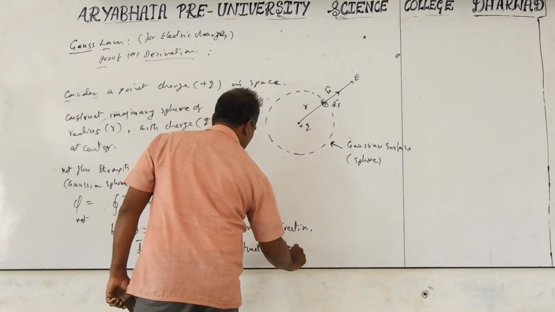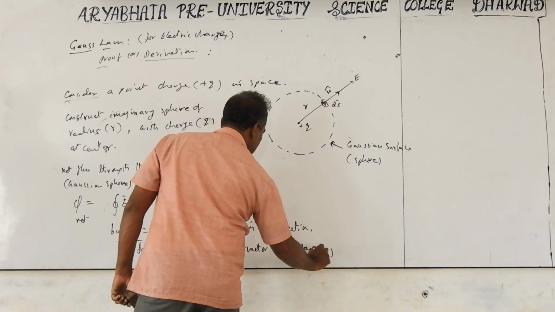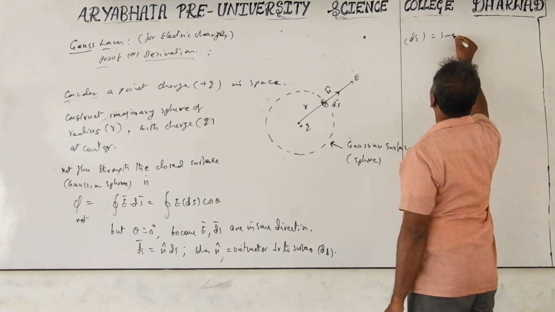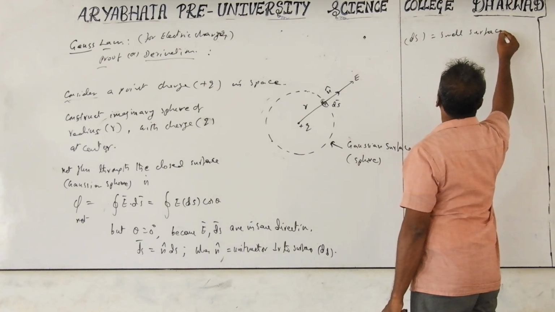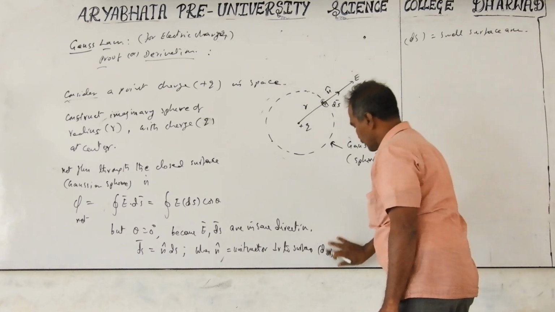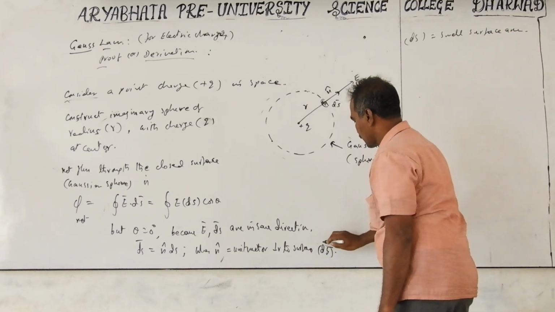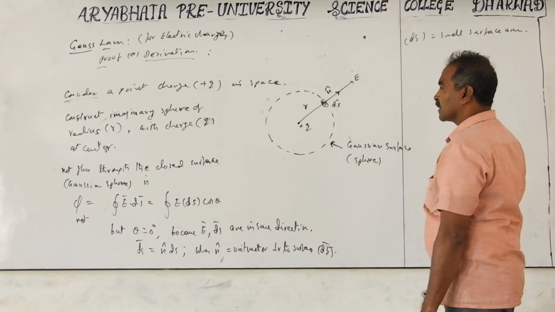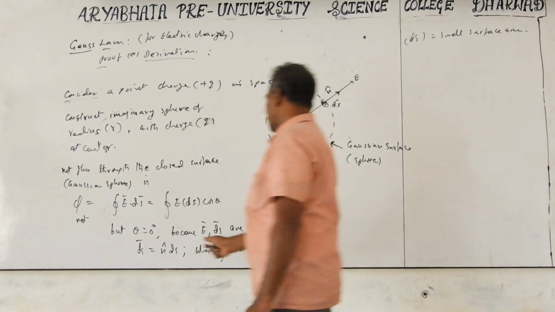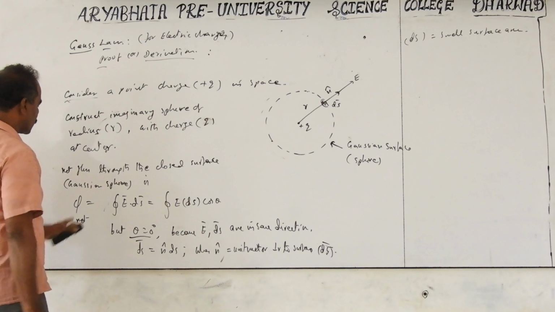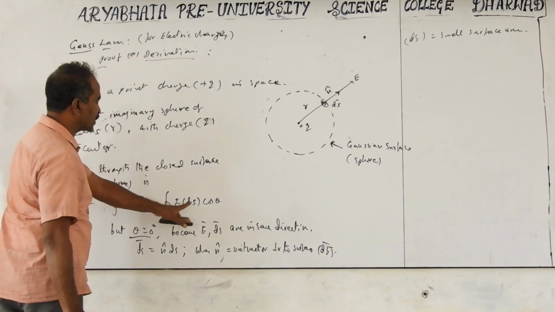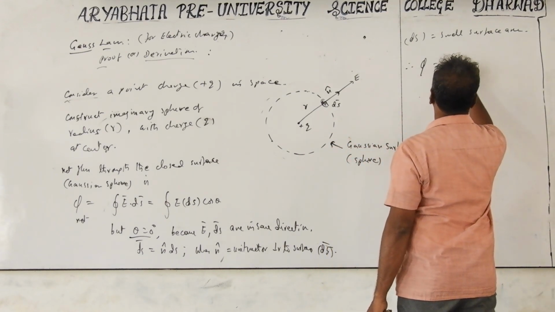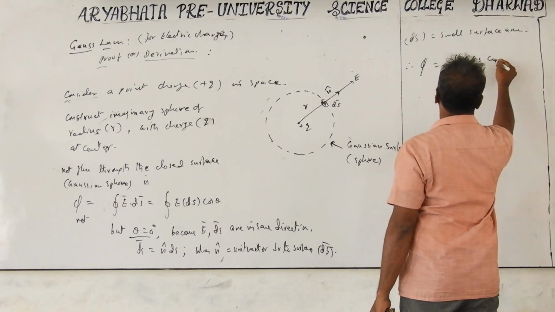Perpendicular to the surface ds. ds is a small surface here. So the formula for flux becomes, now cos 0 is 1. So flux is equal to E into the integration of ds. Therefore, flux is equal to the closed integral of E ds cos 0.